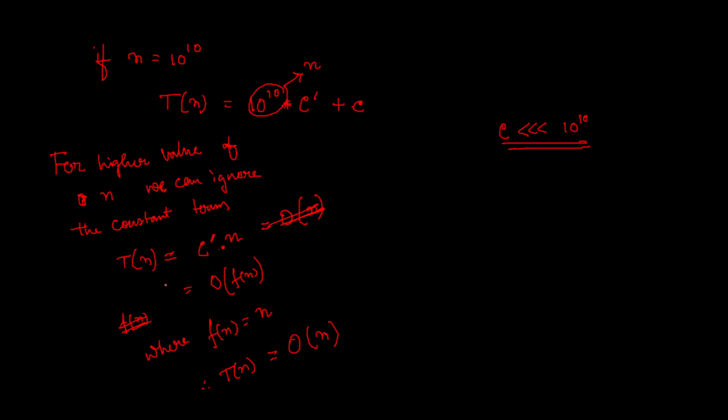So my program is following a class of linear function which is n. If you multiply some factor with this n, it doesn't change the class of the function. That's why we omit that factor. We have omitted this C dash and we are keeping only the variable term over here. So tell me, is this clear to you? What am I trying to say?